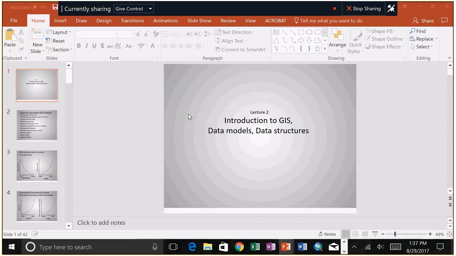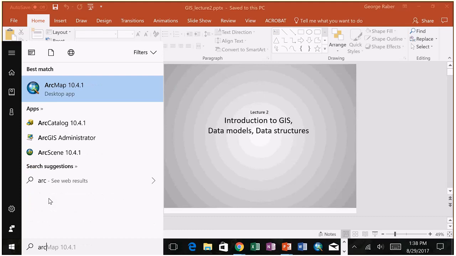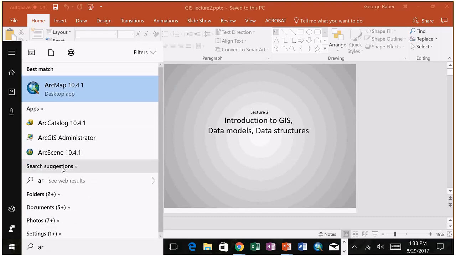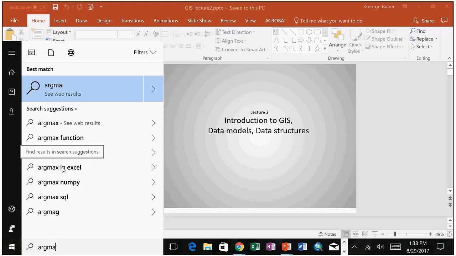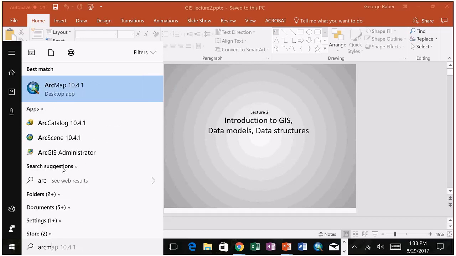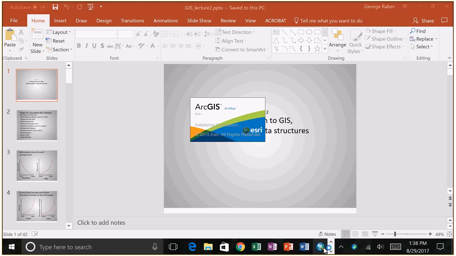Let's see if I can bring up ArcGIS here from last week. Yeah, they're all one feature in the database. They only take up one row. If I click on Hawaii, it'll highlight all of Hawaii, all the polygons associated with Hawaii.